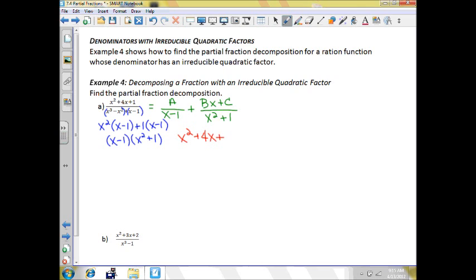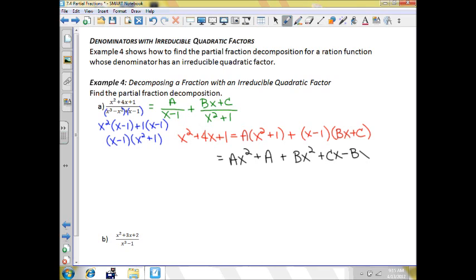So when we do this here, we'll end up getting x squared plus 4x plus 1 is equal to A times x squared plus 1 plus x minus 1 times Bx plus C. Doing some mathematics here and distributing, and then foiling the second part. We'll have this.